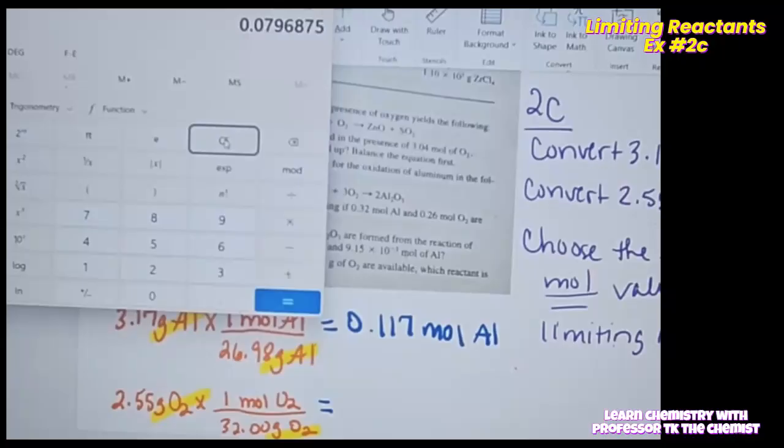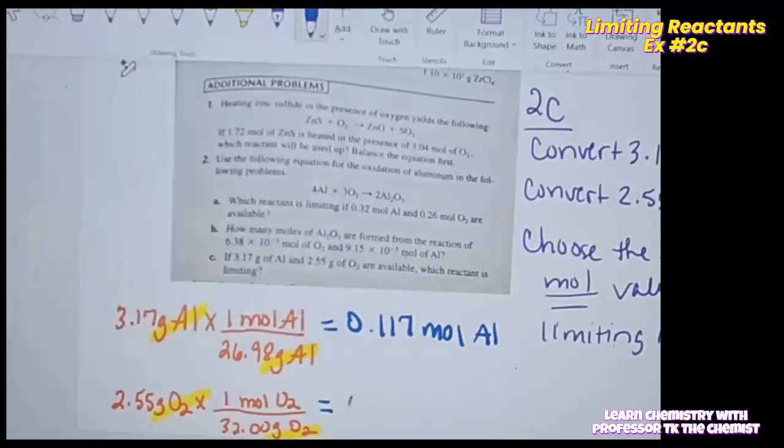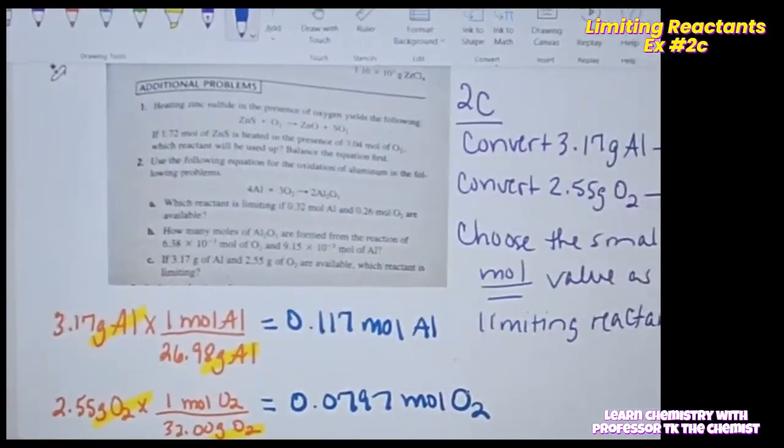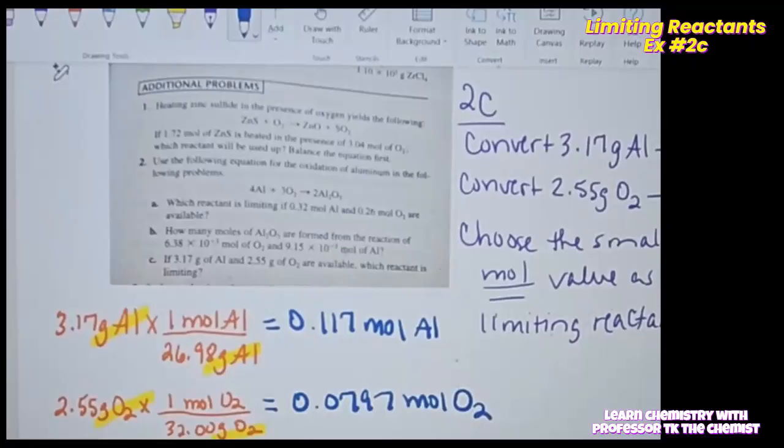And here you get 0.0796. So we're just going to round that off to 0.0797. So 0.0797 moles of oxygen.